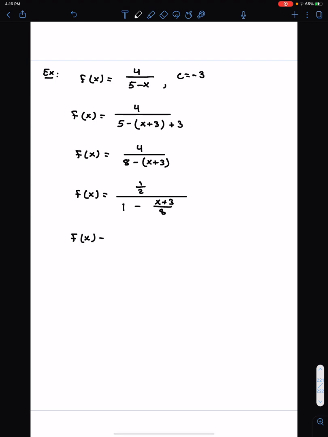So a geometric series converges when the absolute value of r is less than 1, and it converges to a1 over 1 minus r. So this turns into the sum as n goes from 0 to infinity of a1, which is 1/2, times r to the n, x plus 3 divided by 8 to the nth power.